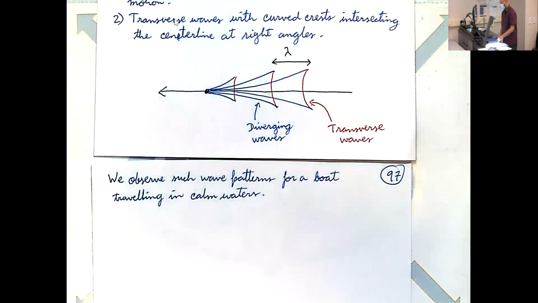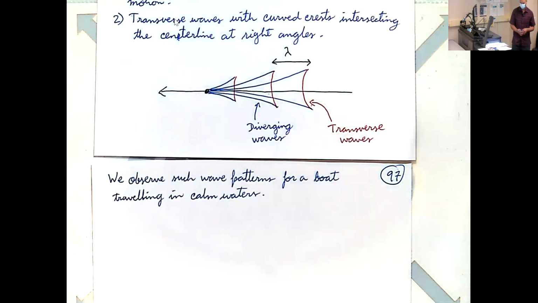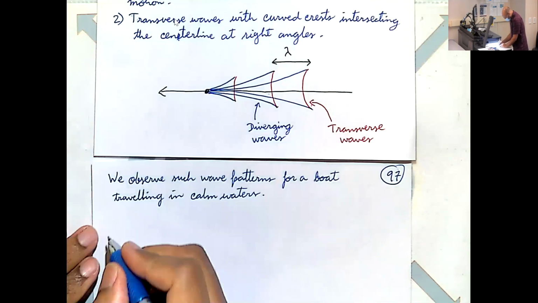If the water is too choppy, then of course there's the waves in the lake itself or the ocean itself that'll interact with these and probably destroy them. But from the pictures we saw, when it's perfectly calm, then these become very, very obvious. And these transverse waves move at the speed of the ship.